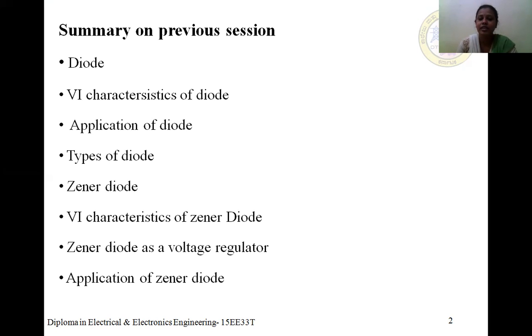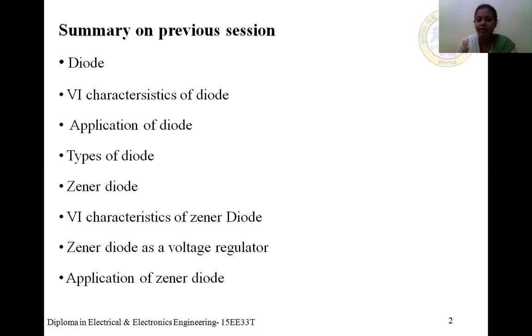Next, we saw the Zener diode as a voltage regulator. The working of this voltage regulator we saw in the previous session: how the Zener diode maintains the output voltage constant, irrespective of changes in the input or changes in the load current.